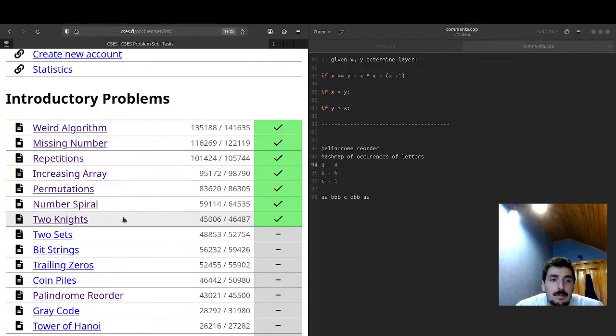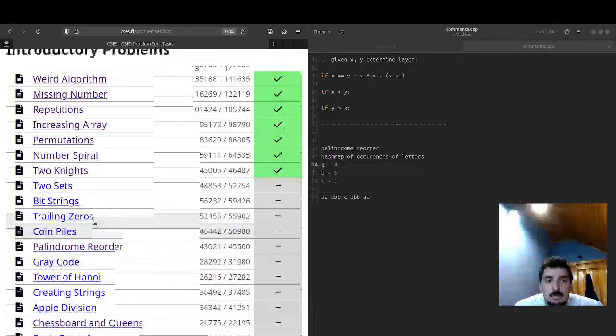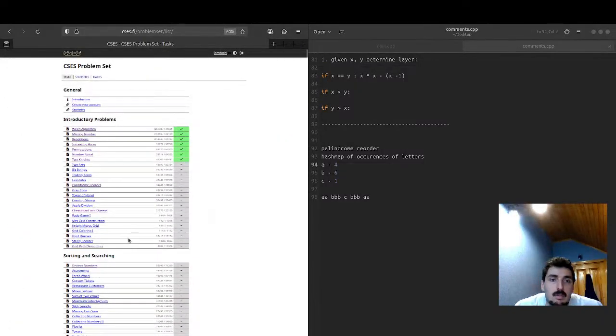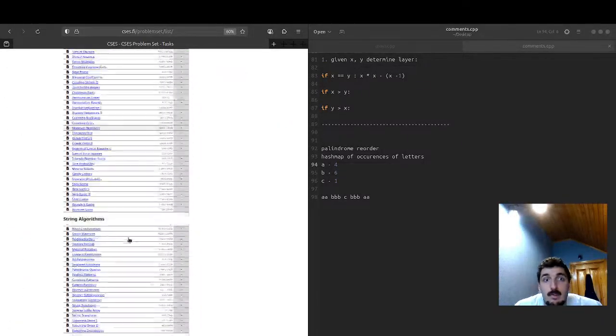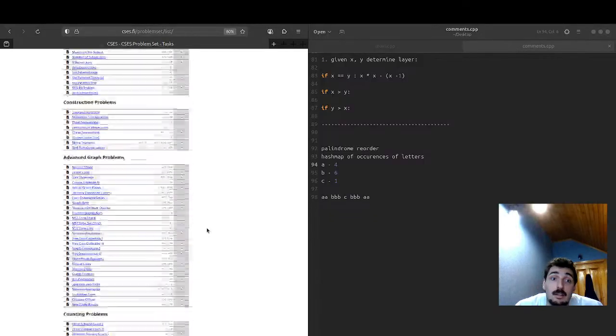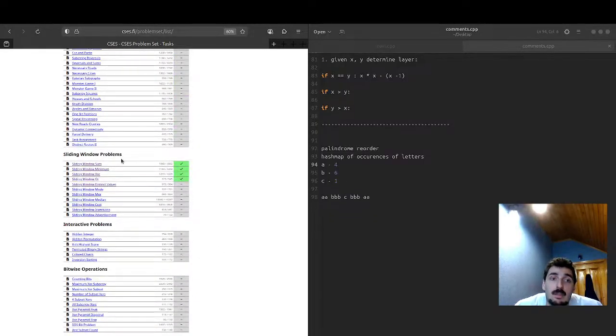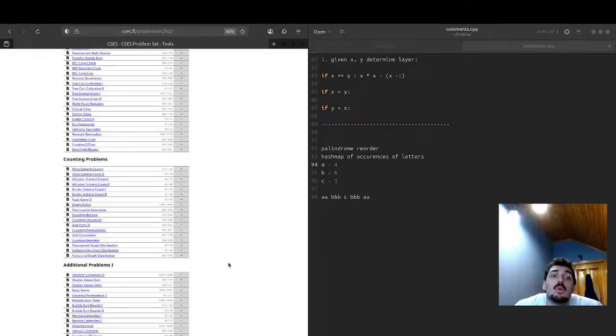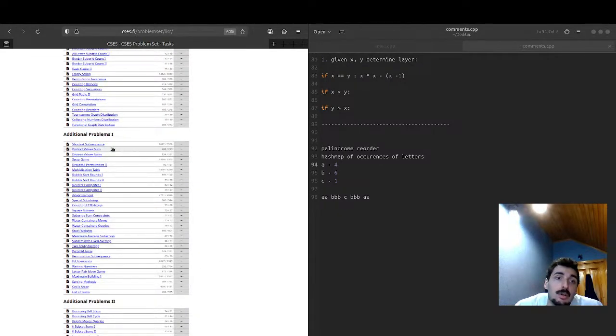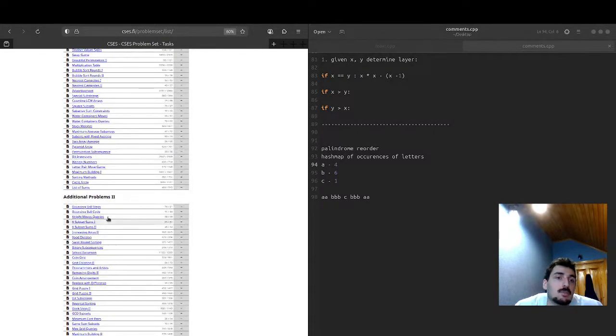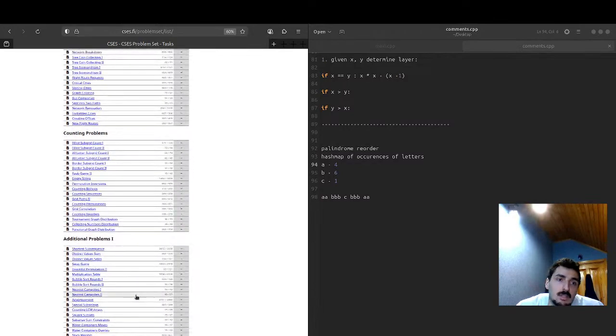Yeah, we have the first couple of problems solved. We still got a lot more work. Additional problems, a lot of work. GCD subsets, counting problems, a lot of work.